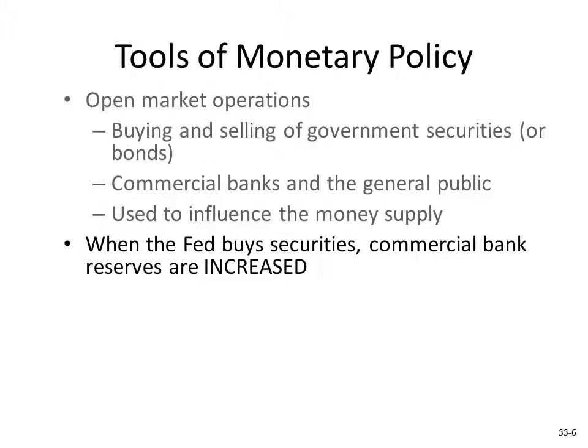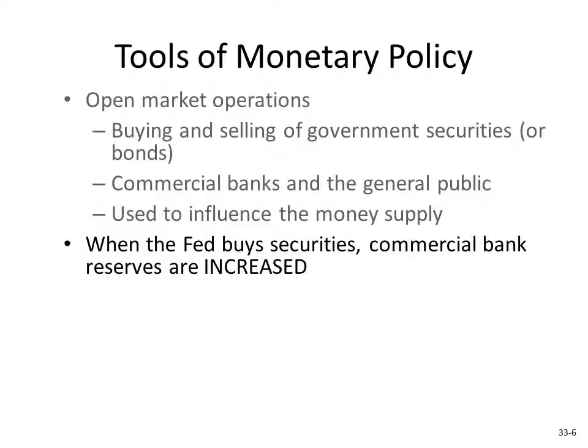Again, if the Fed buys bonds from banks or from the public, reserves are increased. We're going to see the cause and effect relationship here. Just think of Bank A. If Bank A has $10 million worth of government bonds, you say, well, first of all, why would a bank own government bonds?